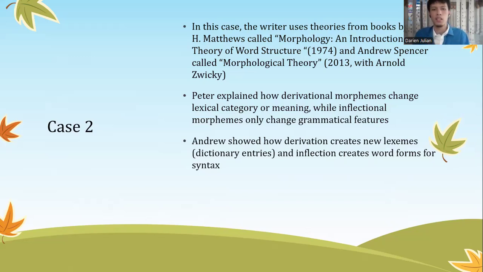Peter explained how derivational morphemes change lexical category or meaning, while inflectional morphemes only change grammatical features. Andrew showed how derivation creates new lexemes and inflection creates word forms for syntax.